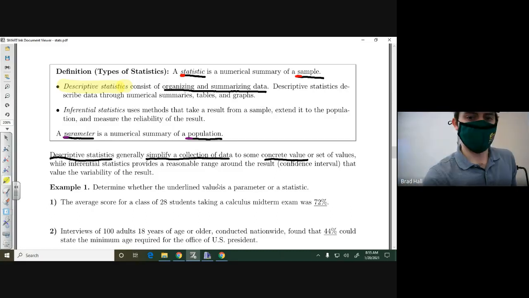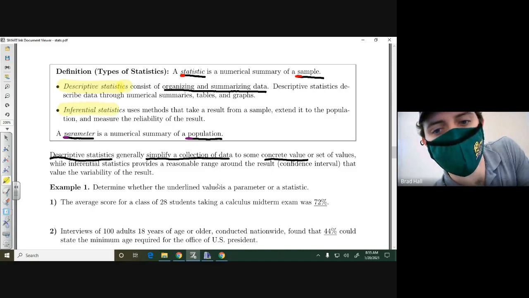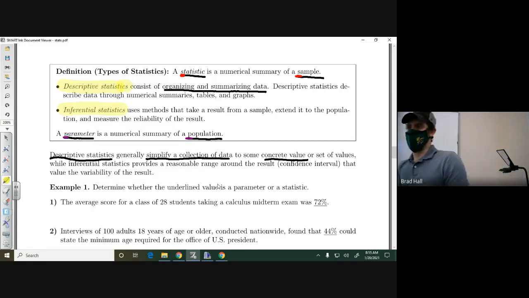Now, I guess the antithesis, well, maybe not the antithesis, but another form of statistics is inferential. Think about the root word here, inference. To infer something is to make some sort of guess about it based off of some other related situation.